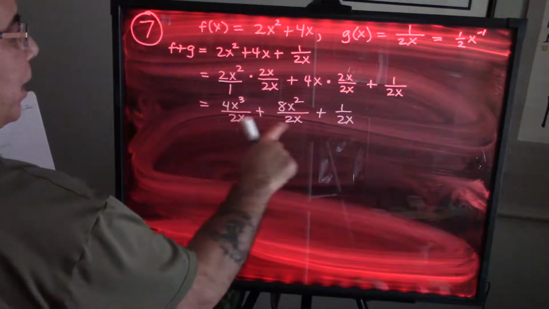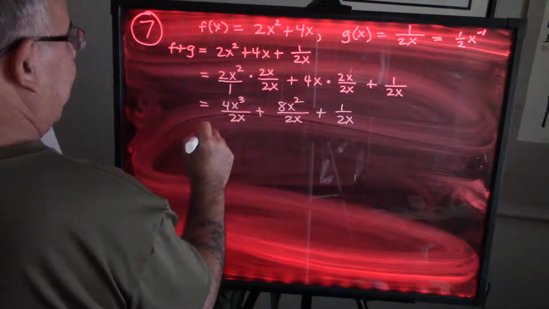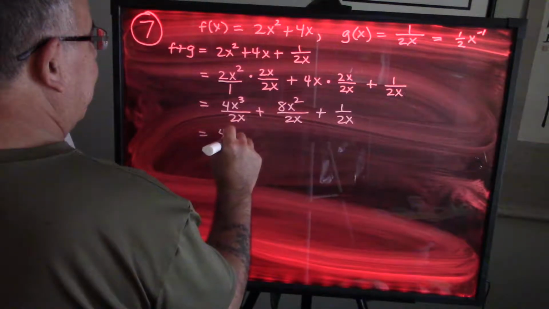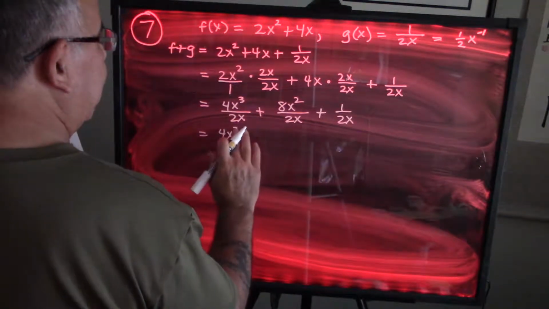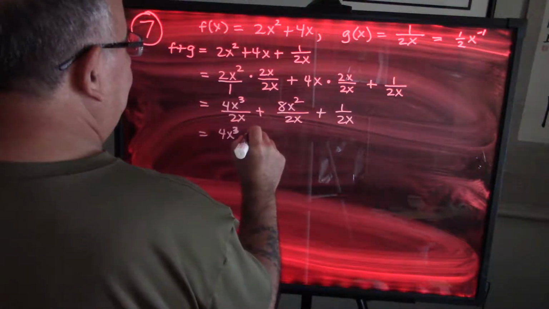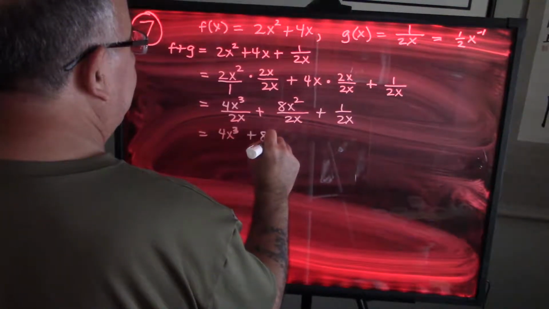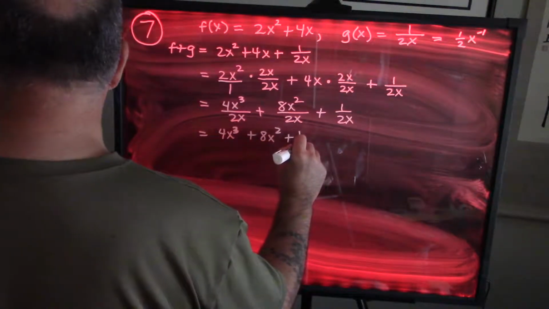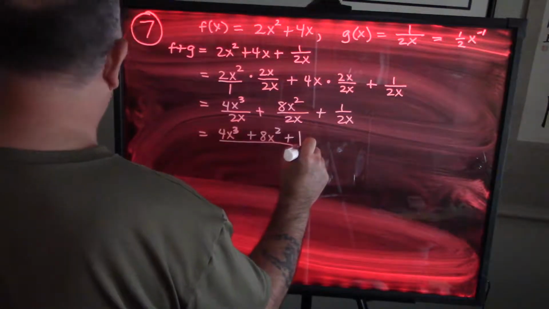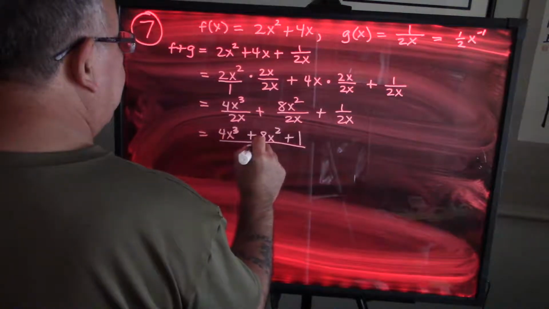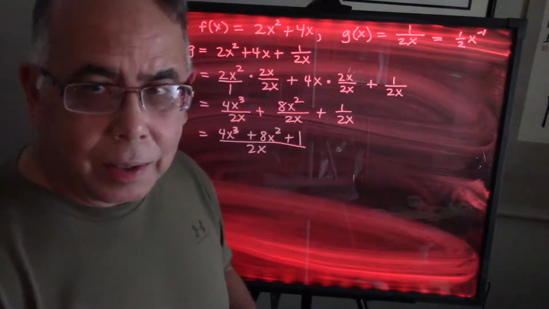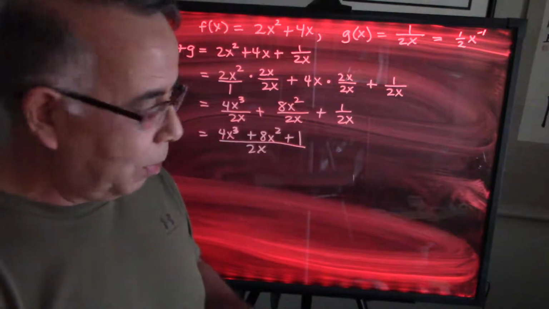Now they all have the same denominator, so now you can just add the numerators. So this equals 4x cubed plus 8x squared plus 1 over the common denominator of 2x. Alright, now it's a rational function, and that's considered simplified.